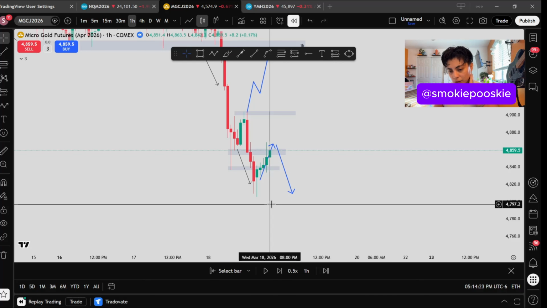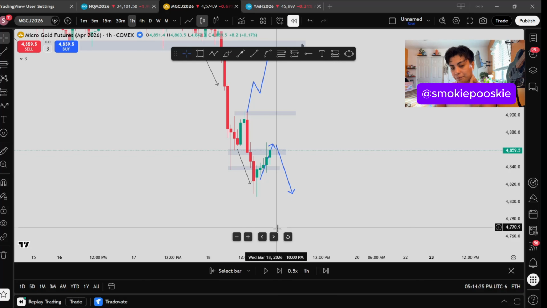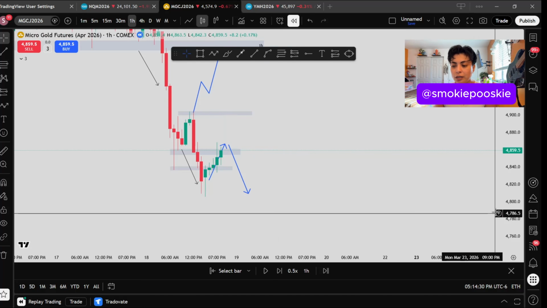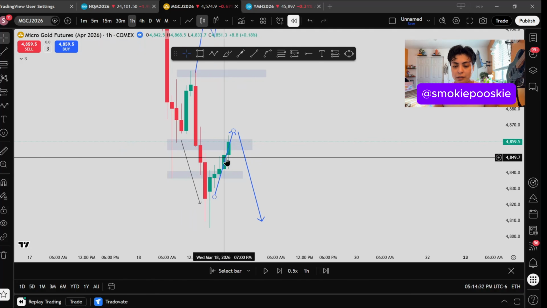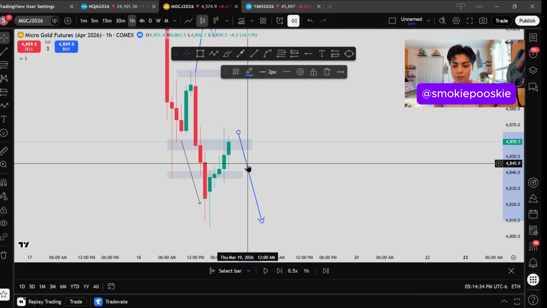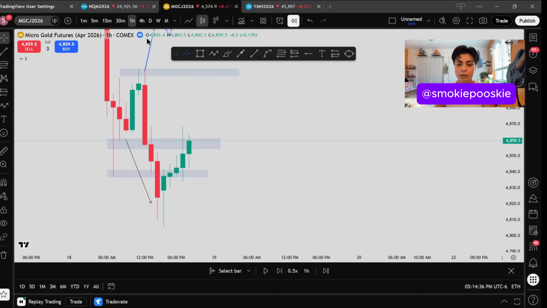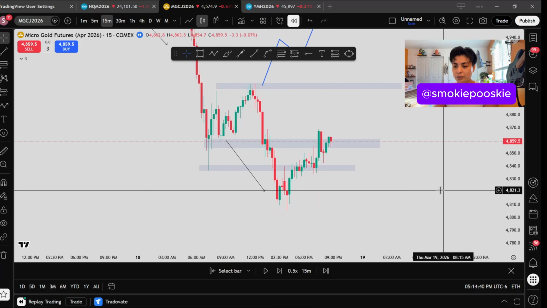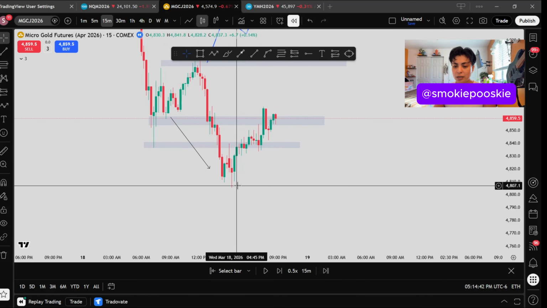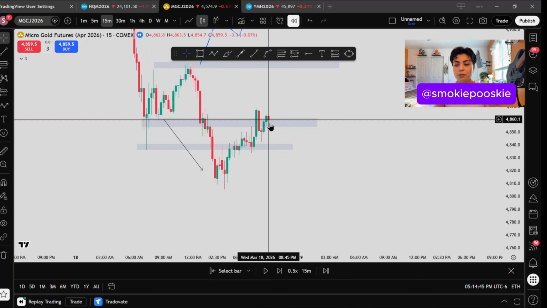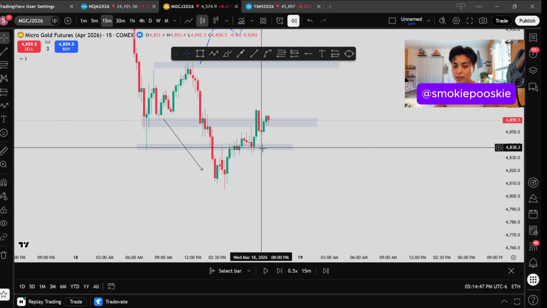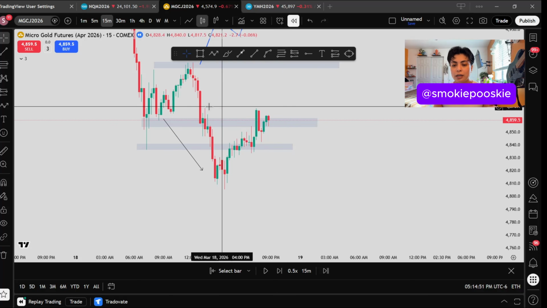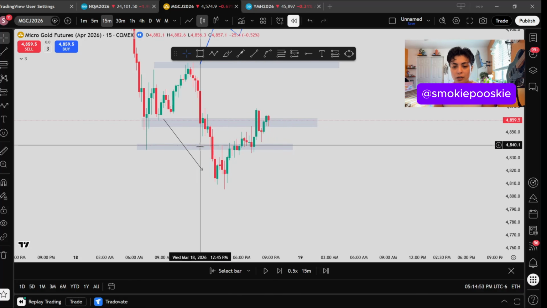Okay, so I waited, and I think I was around here. Yeah, 8 p.m. is when I started to see, okay, price is getting closer and closer to my area of interest, right? So my indication happened there. Now I see that price is making higher highs and higher lows on the 15-minute, and that's how I was able to see when this correction is going to be over so I can continue and get in and aim for this low right here.